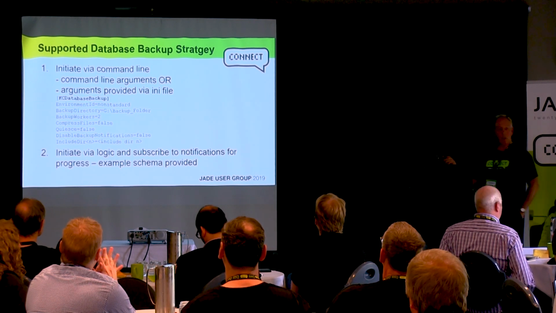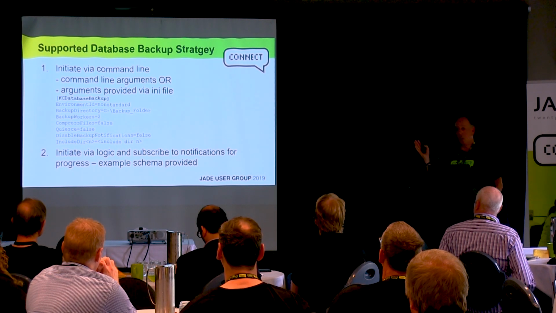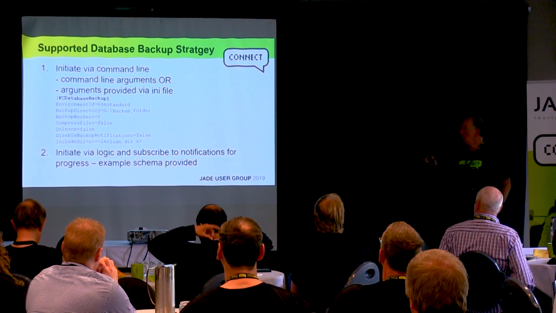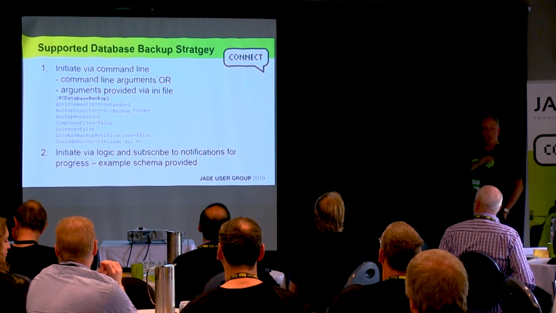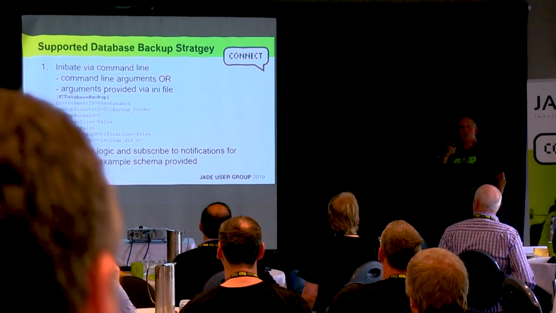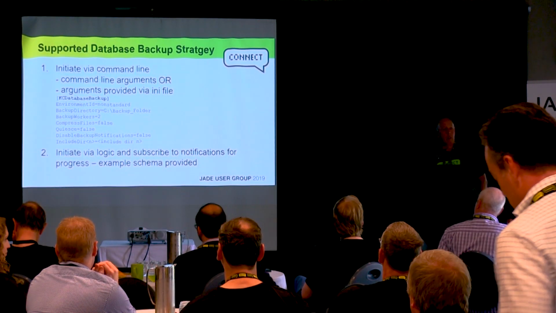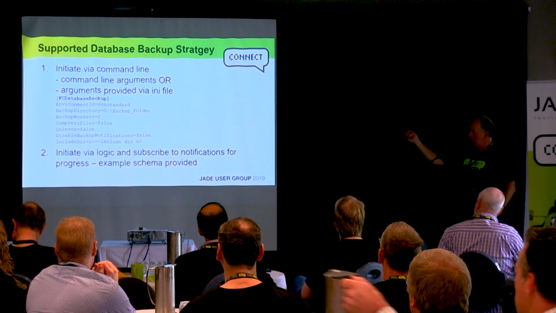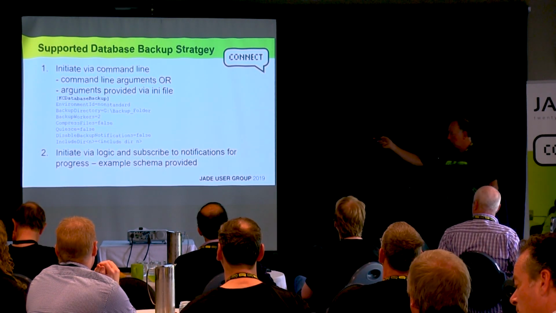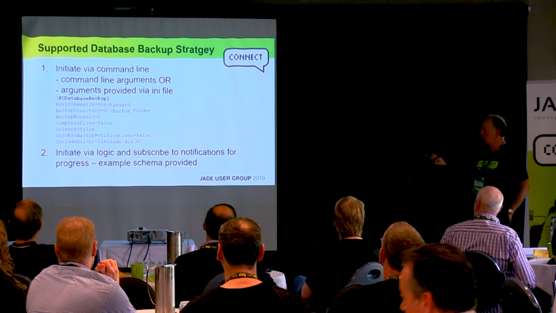It can be used out of the box without anything, just by using a batch script, PowerShell, CMD file, or BAT, and you can just initiate a command line argument, schema equals card schema, app equals KC database backup multi. That's all you need. And then you can either provide your command line arguments about what the backup directory is, how many workers you want, whether you want compressed or quiesced.